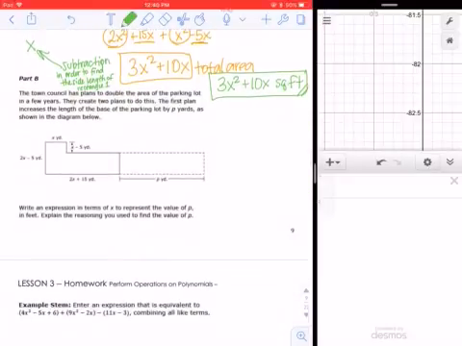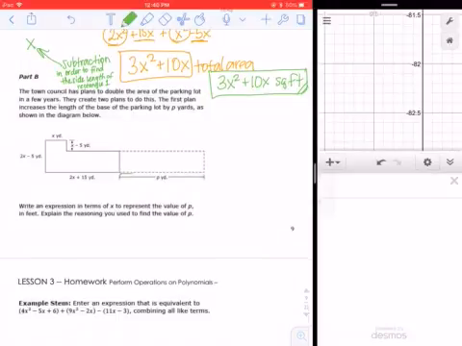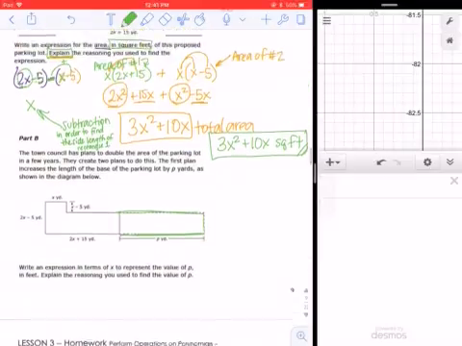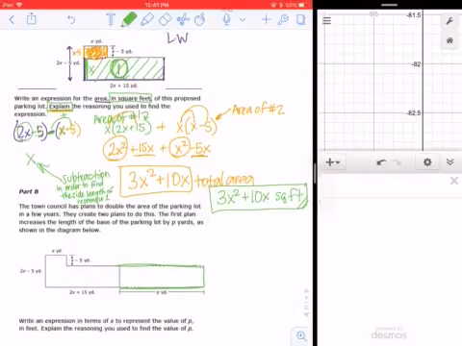It says the town council has plans to double the area of the parking lot in a few years. They create 2 plans. The first one increases the length of the base by p yards. So that means they're adding on this distance here by that distance. We can assume that these are the same distances. When we found out that this was x, we still know that this right here is just x.